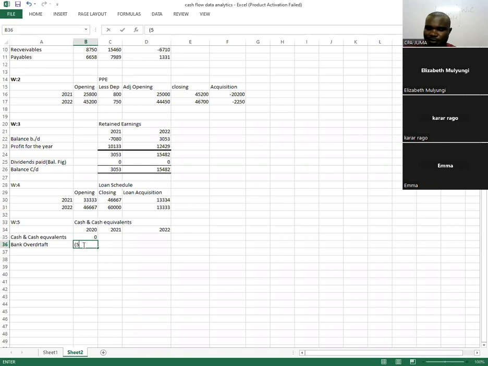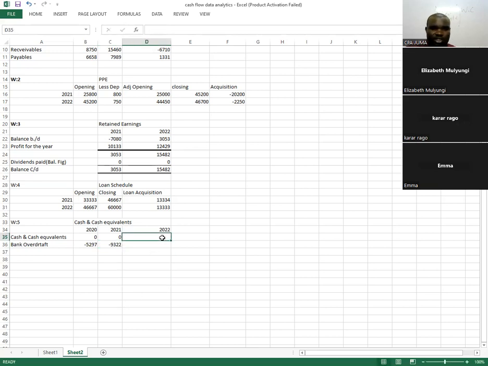Overdraft is negative 5297. Like that. Then 2021, where the cash equivalent was again 0, and overdraft 9322. Remember that is a negative figure.